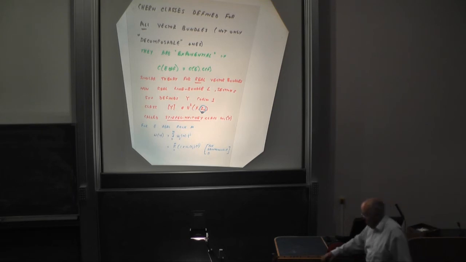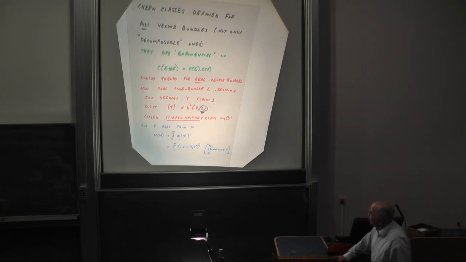But now, because the real numbers don't have natural orientations, we can't control them with the integers, we have to work with integers modulo 2, so we get what are called the Stiefel-Whitney classes, which are the real analogues, or the real poor relations, I would say, of the Chern classes.